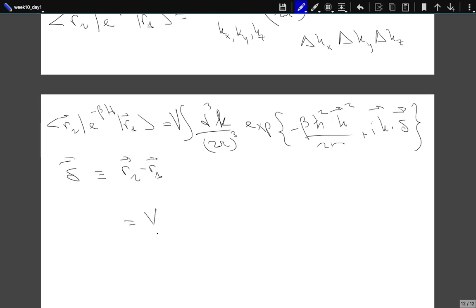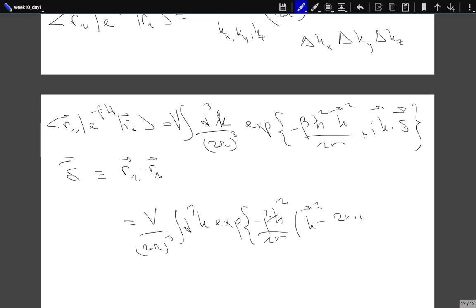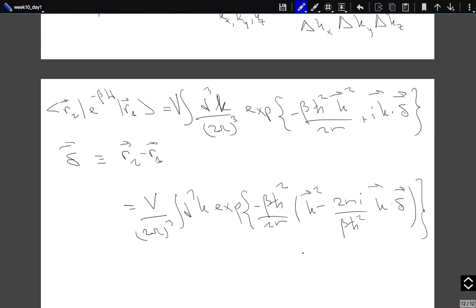So the matrix element is V over (2 pi) cubed, d cubed k, the exponent of minus beta h bar squared over 2m, k squared minus 2mi over beta h bar squared, k dot delta. I didn't do anything, I just reordered the terms. Now I will add here mi over beta h bar squared, all of these things squared, times delta squared, and then I will also subtract it.